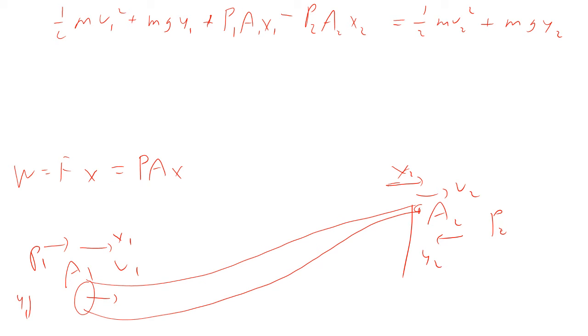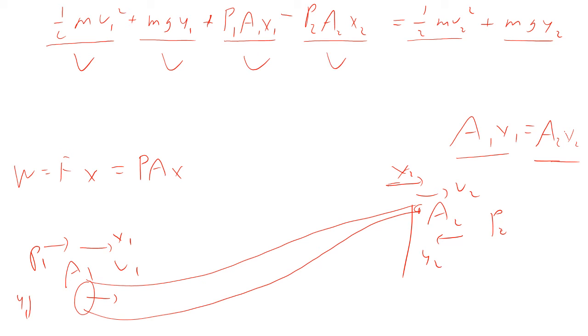Now, we know A1X1 has to equal A2X2. Volume in equals volume out, assuming this is incompressible. So if I divide everything in this equation by volume, those cancel.